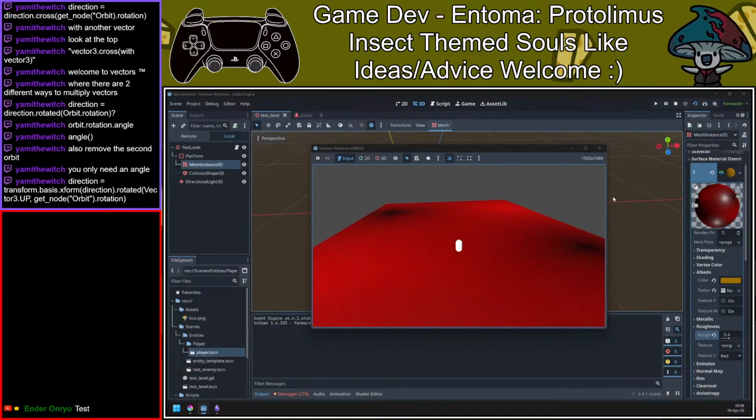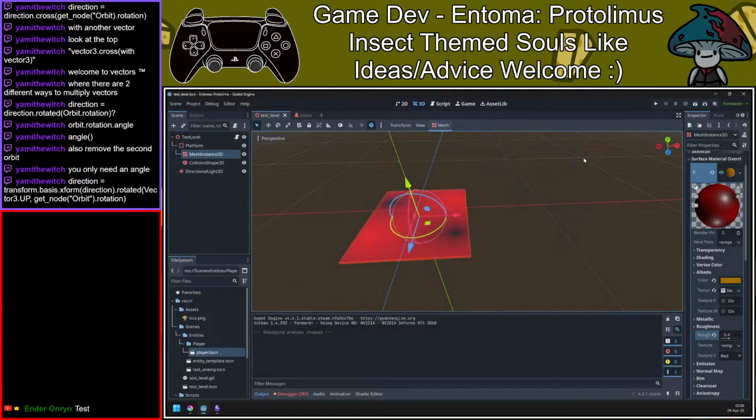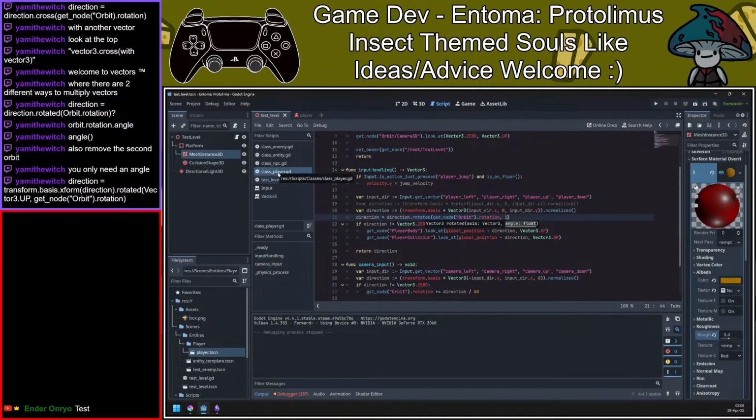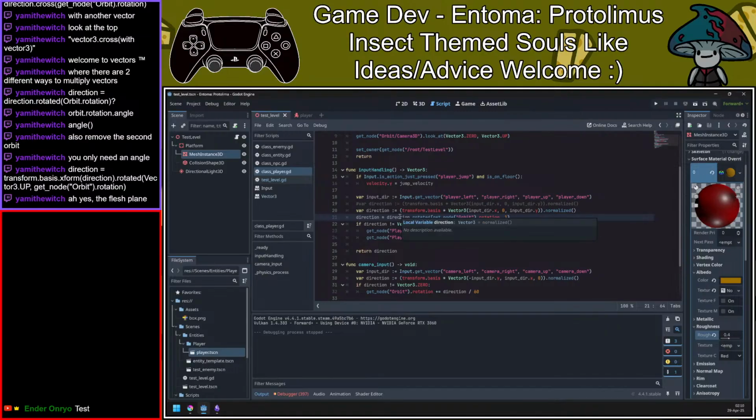Okay, that at least gives a better sense of speed. Xform? That's a new word. The flesh plane.